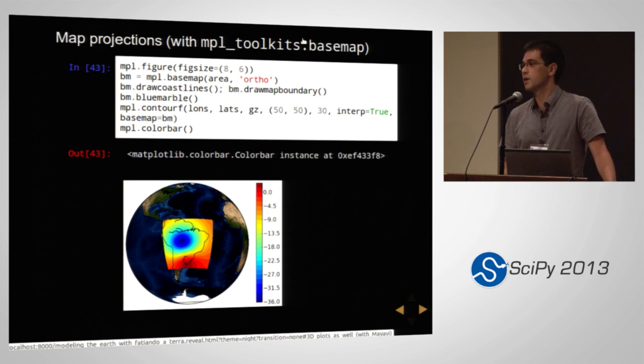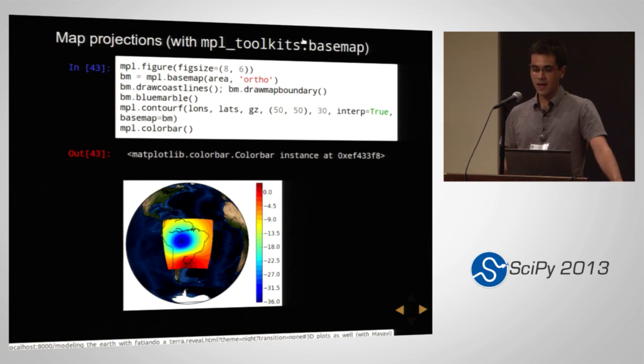Setting up the base map is not the easiest thing, and I was always doing the same things. So I decided to create this MPL base map function. You give it an area in longitude, latitude, and it already sets up the projection for you, the base map instance.